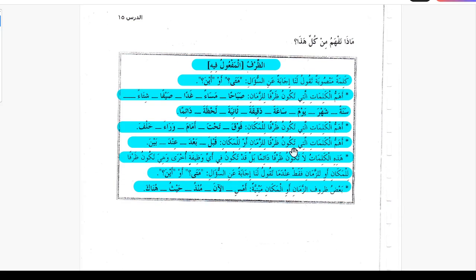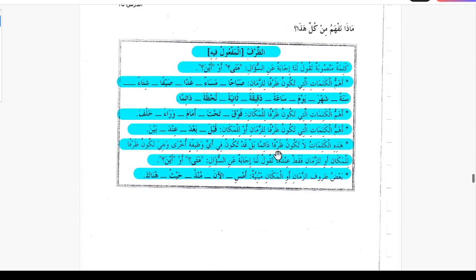There are some words that are used for both time and place, which are qabla, ba'da, inda, bayna. These words are not always adverbs, but they can also be used in other functions.